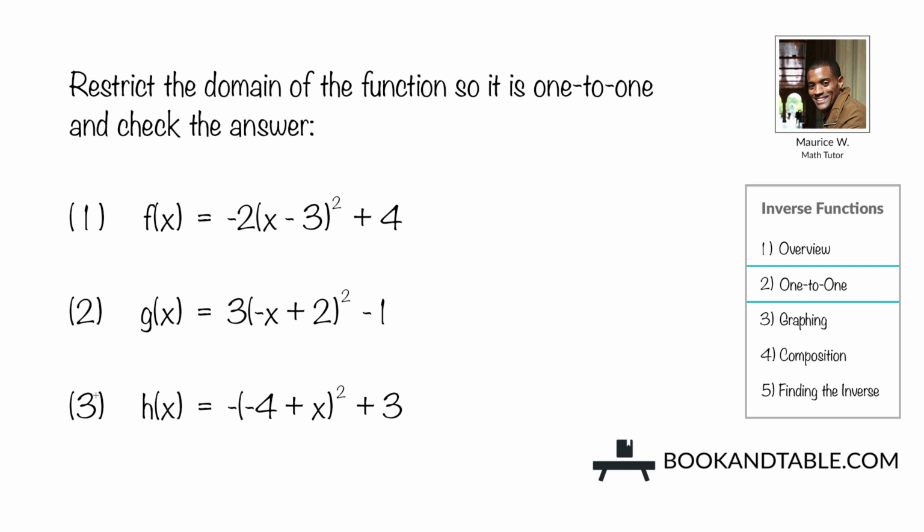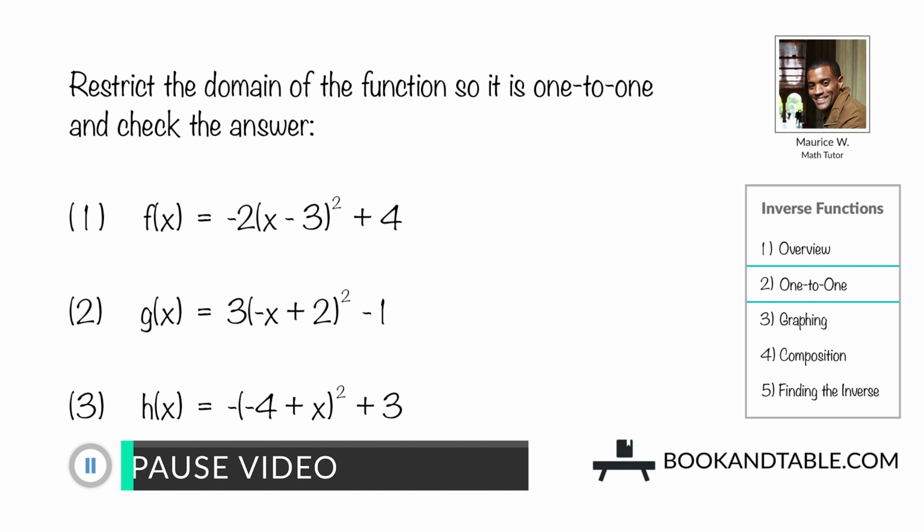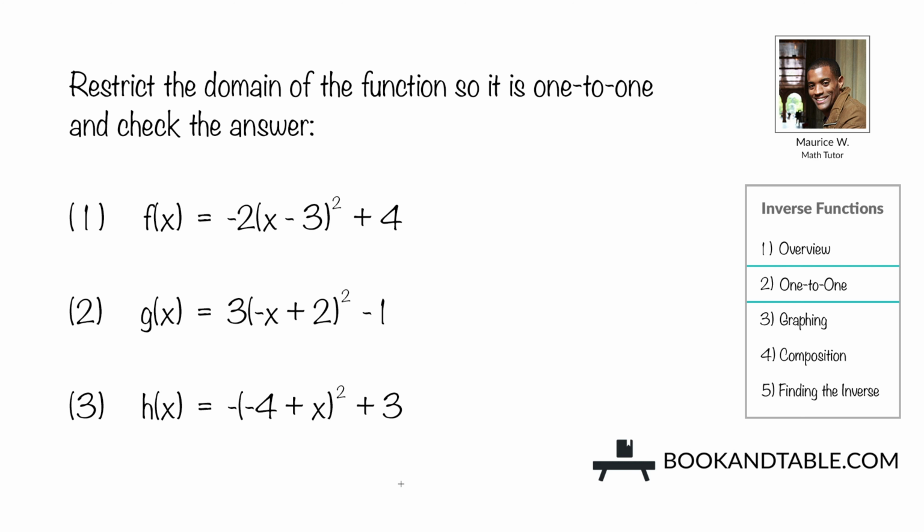In question number 3, h of x is equal to negative 1 times (negative 4 plus x) squared plus 3. Pause the video, answer these questions, and then press play when you are ready to begin.